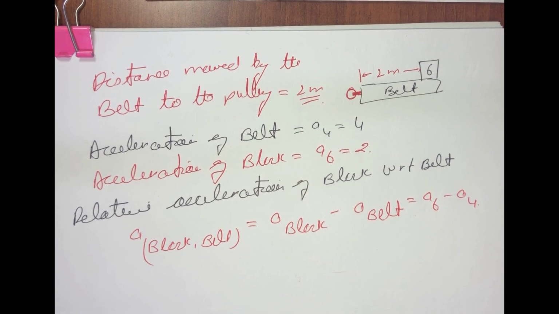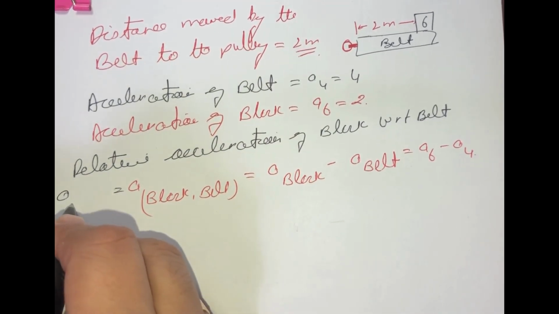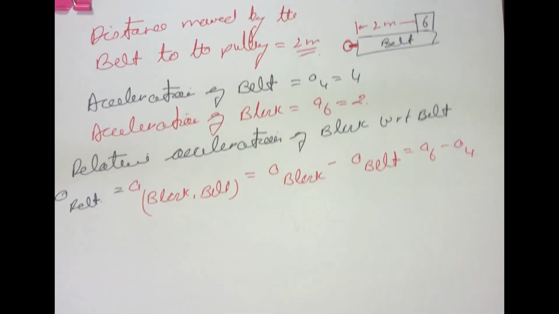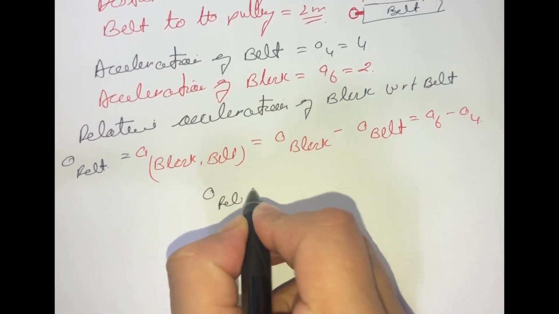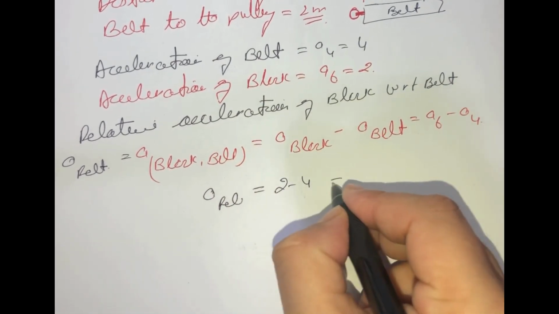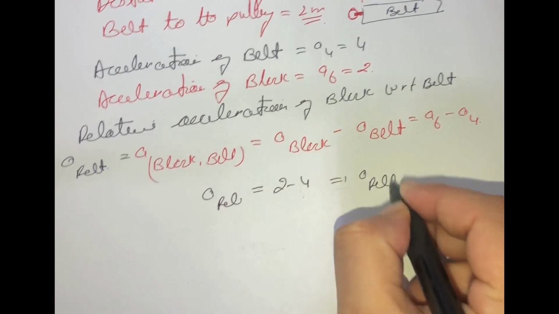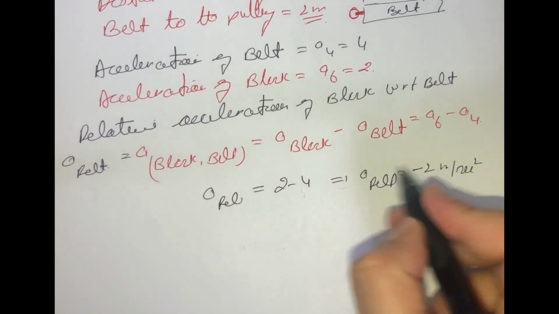So we get a relative is equal to 2 minus 4, so we get a relative as minus 2 meter per second square.